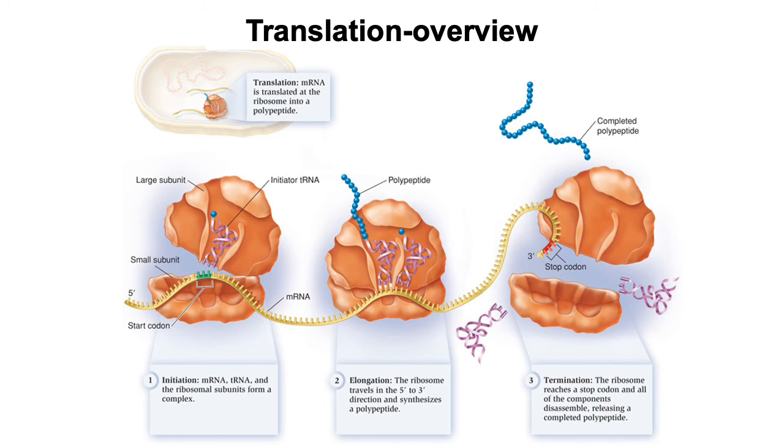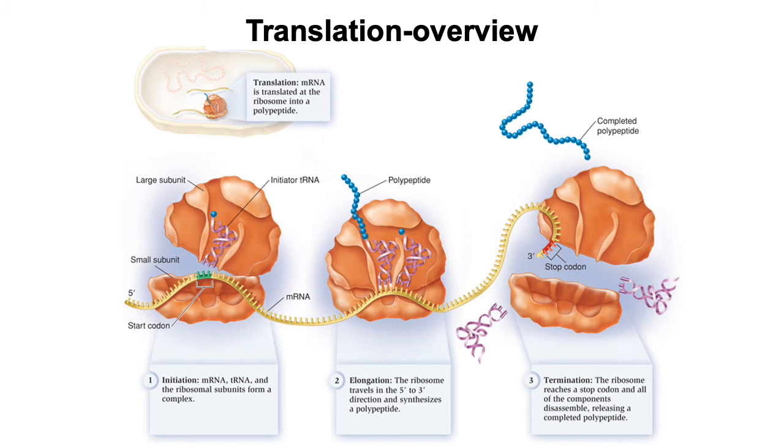So if we just quickly look at an overview here of translation. At initiation, what do we have coming together? We have the messenger RNA joining to the small subunit, and then a transfer RNA charged with a specific amino acid, shown with that blue ball, and all of this comes together with the ribosome.